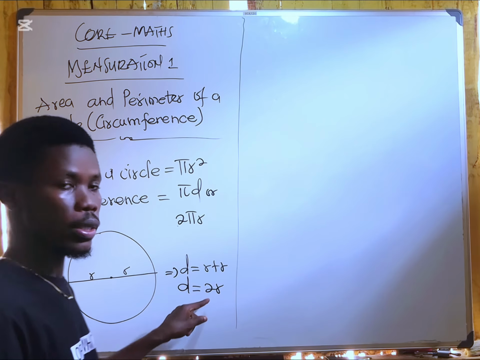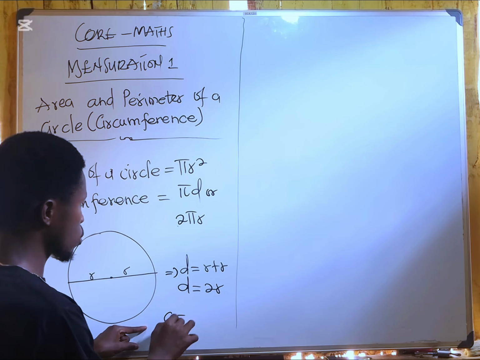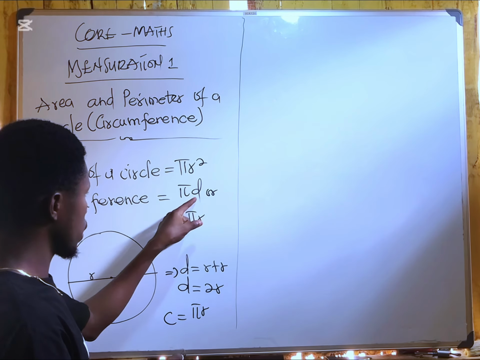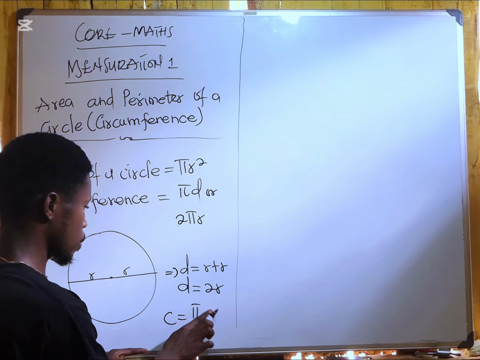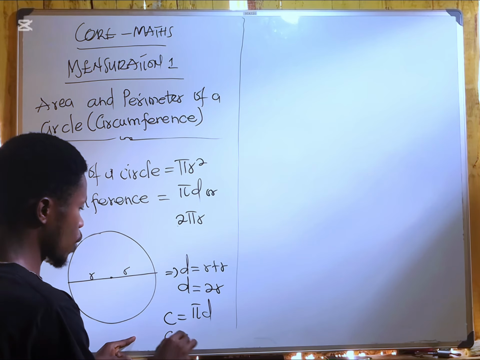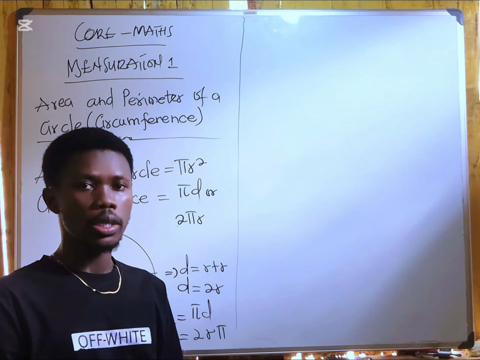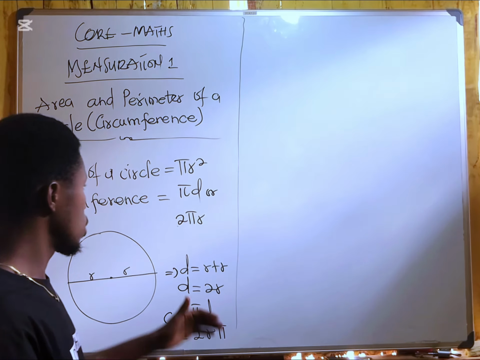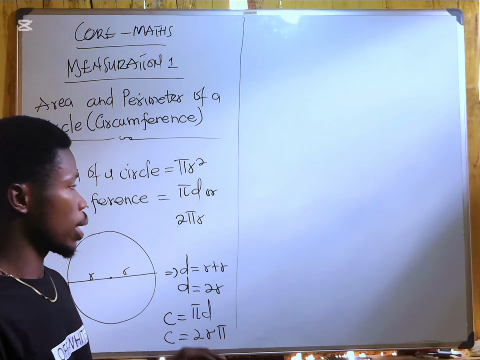So when I come to where circumference equals pi d, I can replace the d by 2r, and if I do that, I'll get 2r pi. So if the question is given in diameter, we use this formula, and when it is in radius, we use this formula.